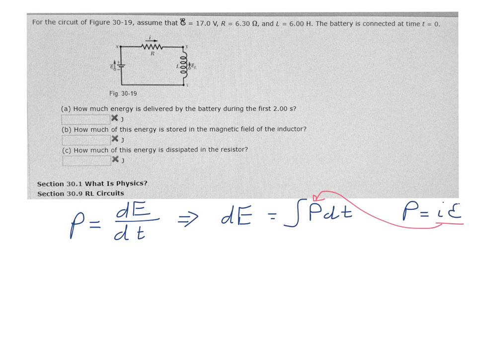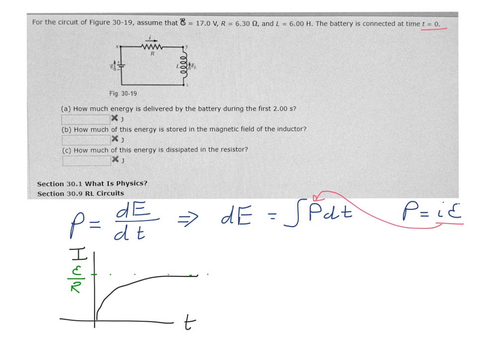So at time equal to 0, the inductor stops all current flow, but then a long time after, we know that it follows Ohm's law. The graph of the current as a function of time for this circuit then looks like this, where it has an asymptote at the maximum current found from Ohm's law.